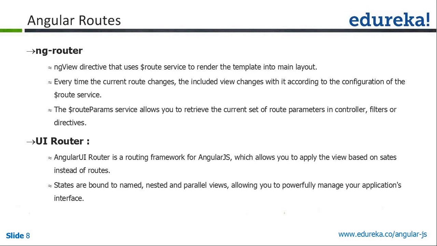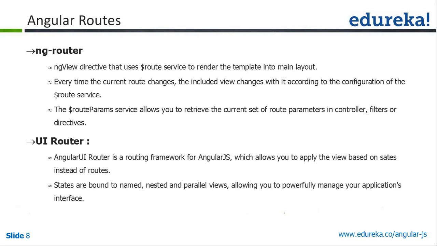If I click on electronics, I have to load the electronics content over there. This is what we call a child route. If you want to use child routes, you have to go with UI router instead of ng router. In ng router, child routes are not possible. So we will be using the UI router.